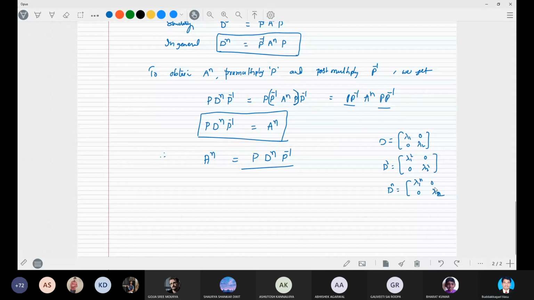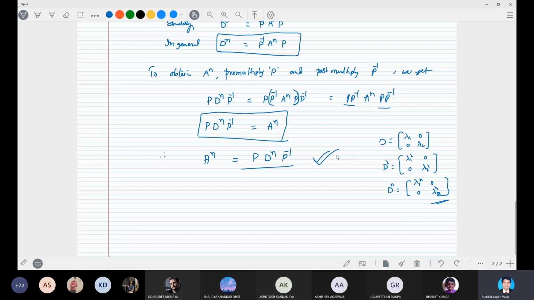It is very easy, just powering the diagonal elements, which gives you D^n. Then D^n can be pre-multiplied with P and post-multiplied with P inverse, resulting in the required A^n. This is the main application for finding the power of a matrix.